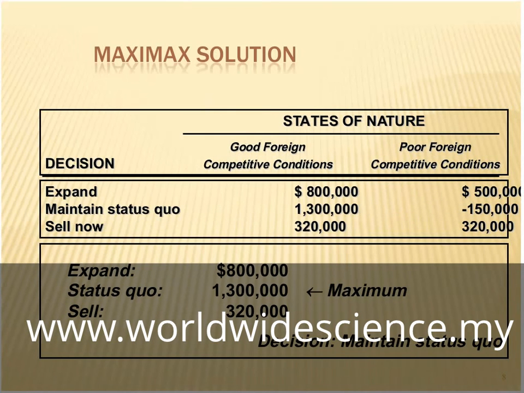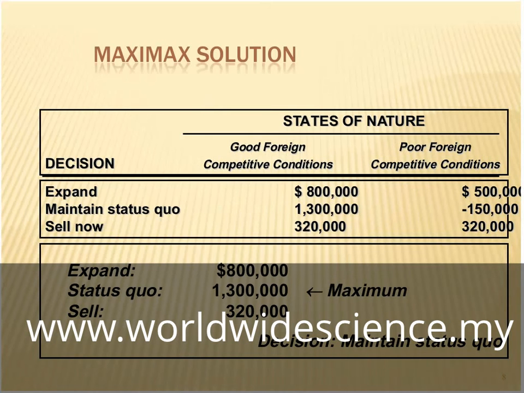By use of the MAXIMAX solution, we select the best decision. MAXIMAX says the maximum of maximum. He said at first for each decision or for each project, select the maximum among two states of nature. Among two states of nature, for expand, the maximum is 800,000.